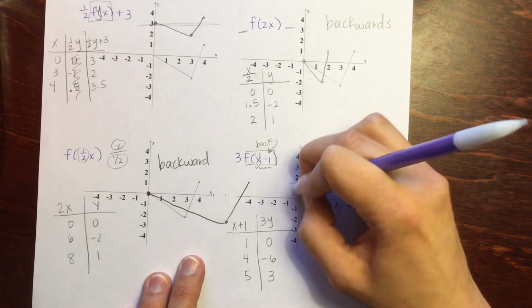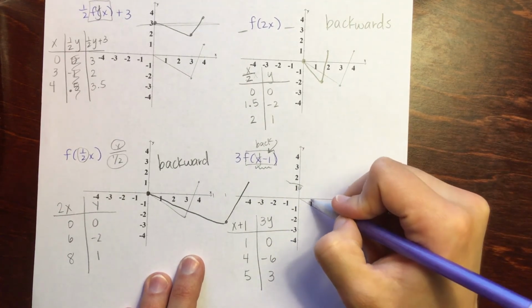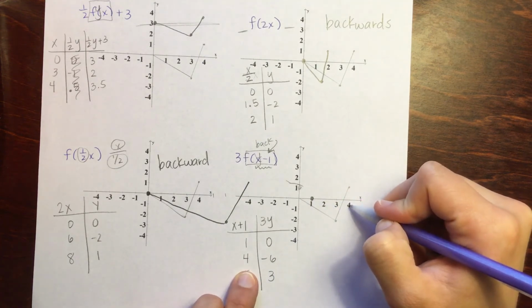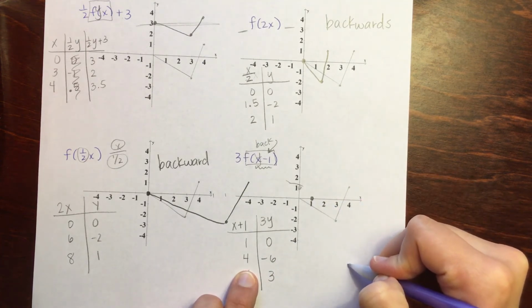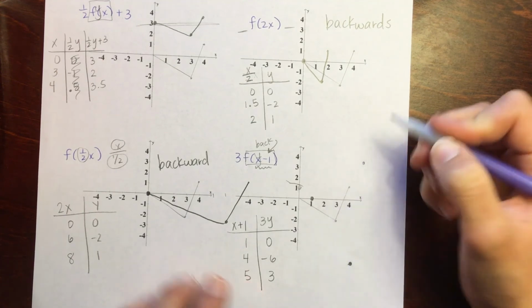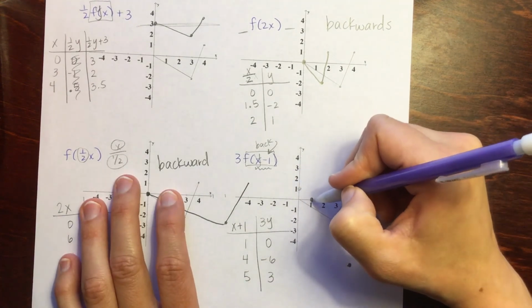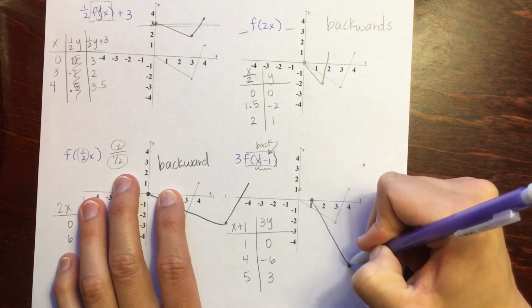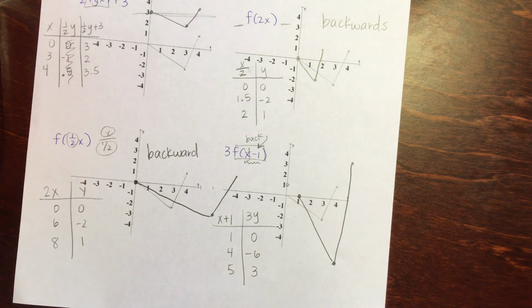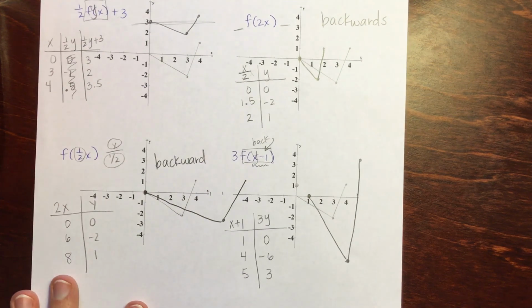Go over 1 and up 0. (4, -6) is way down here off the graph. And (5, 3) would be here. So my whole entire graph has been stretched way taller, and it's been moved right 1.